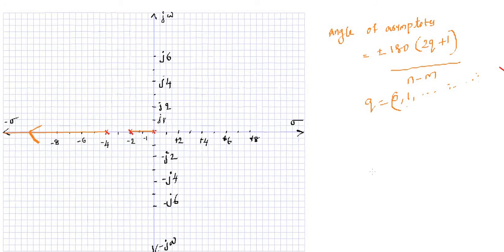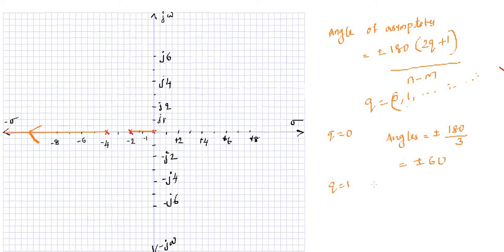By applying the equation, if q equal to 0, the angle of asymptote will be plus or minus 180 by 3, because n minus m equal to 3, with n equal to 3 and m equal to 0, so the angle is plus or minus 60.